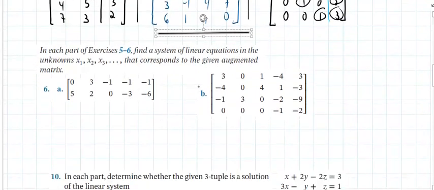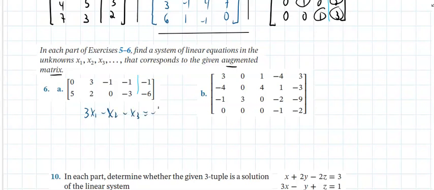This is an augmented matrix. They tell you that. Can you write the system? So again, there's the equal. This is 0, x1. So this is 3x1 minus x2 minus x3 equal a negative 1, and 5x1. And it's very important for you to line those up. Okay, you know what?